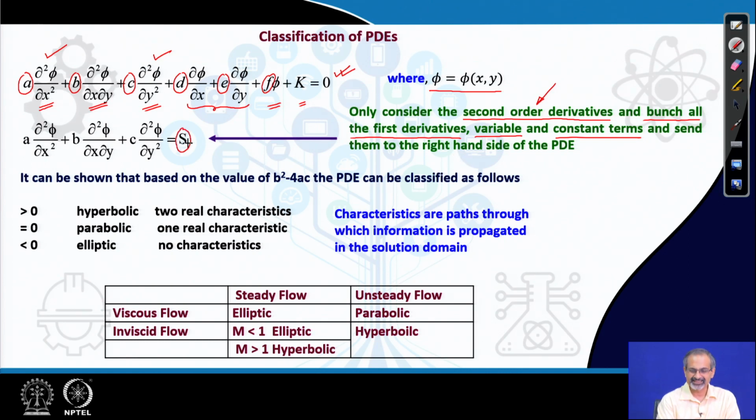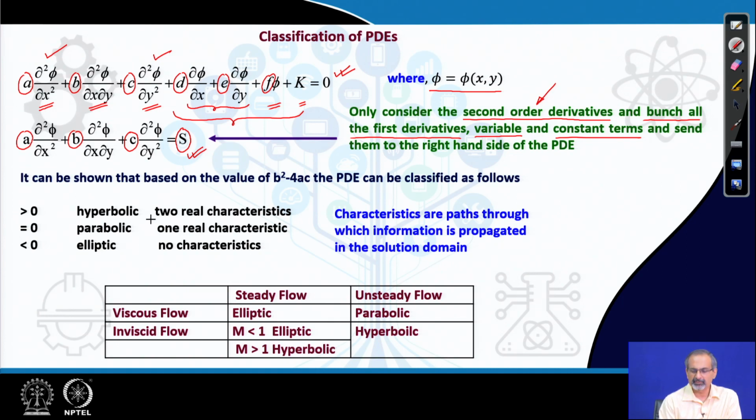This term S accounts for all these terms when taken to the right hand side. Of course, the signs of those terms will become negative. As far as the second order terms are concerned, we have to take note of their coefficients A, B and C. They are going to play a pivotal role in the classification process.